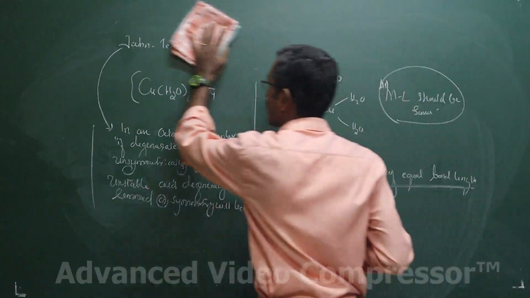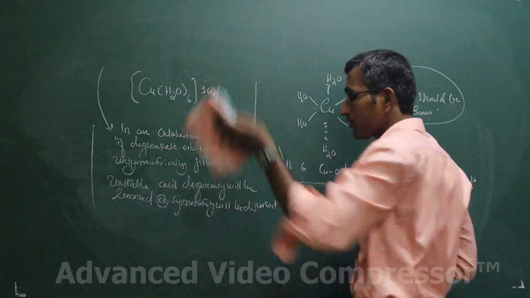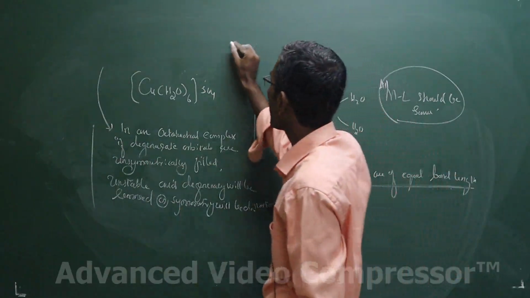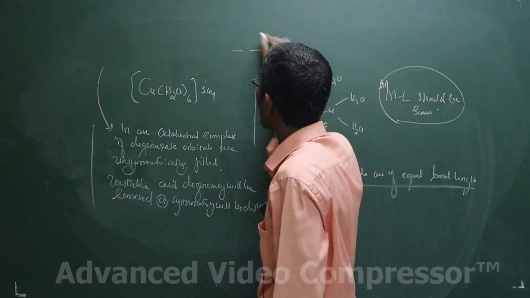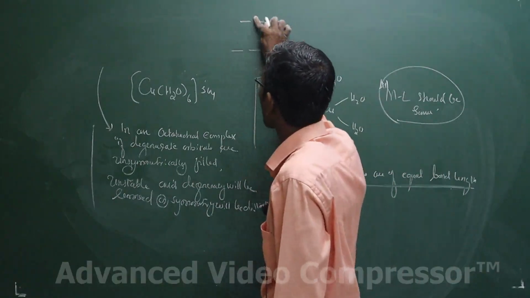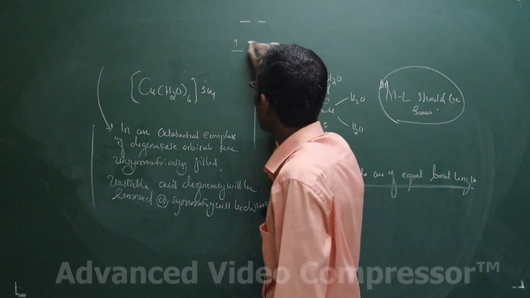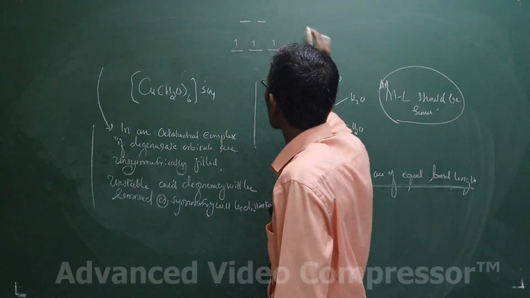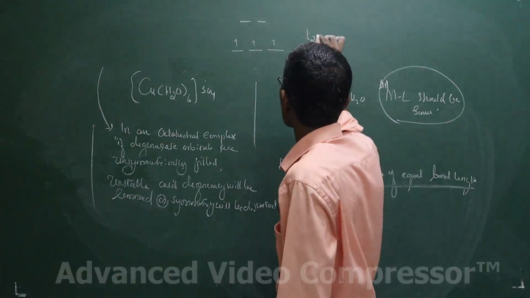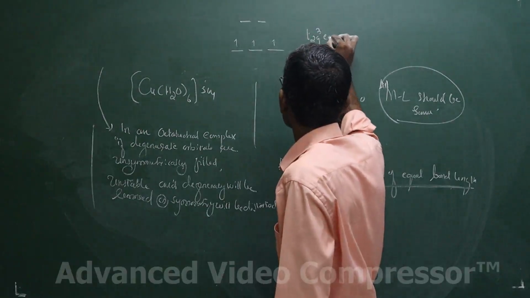We'll take an example, students. What the Jahn-Teller effect says is, for instance, if I have an octahedral complex, I have the t2g orbitals at the lower end and the eg orbitals here. If I fill the t2g orbitals like this and the eg orbitals have no electrons, what is the electronic configuration? t2g3 eg0.